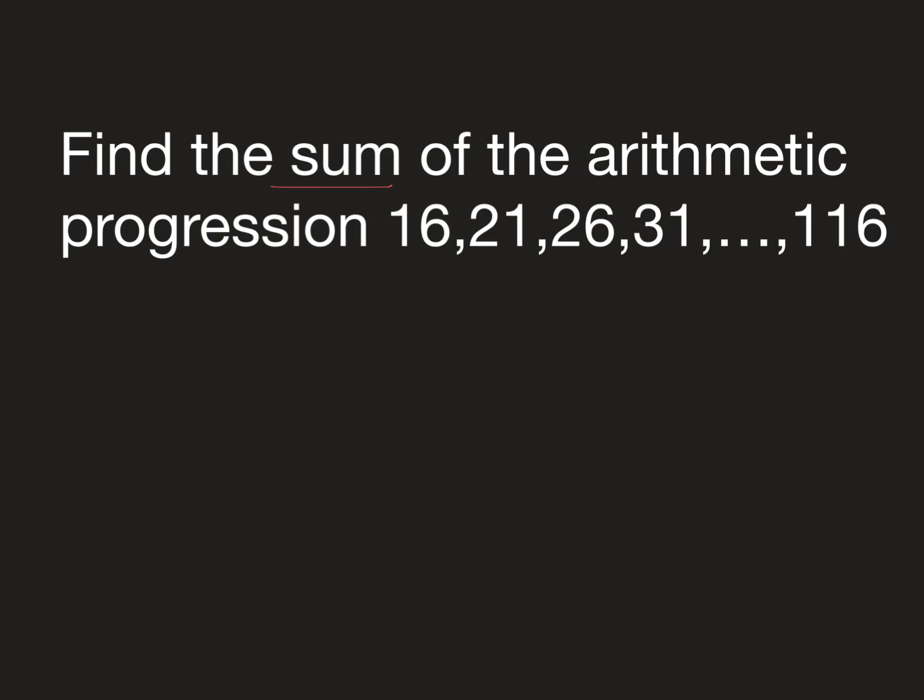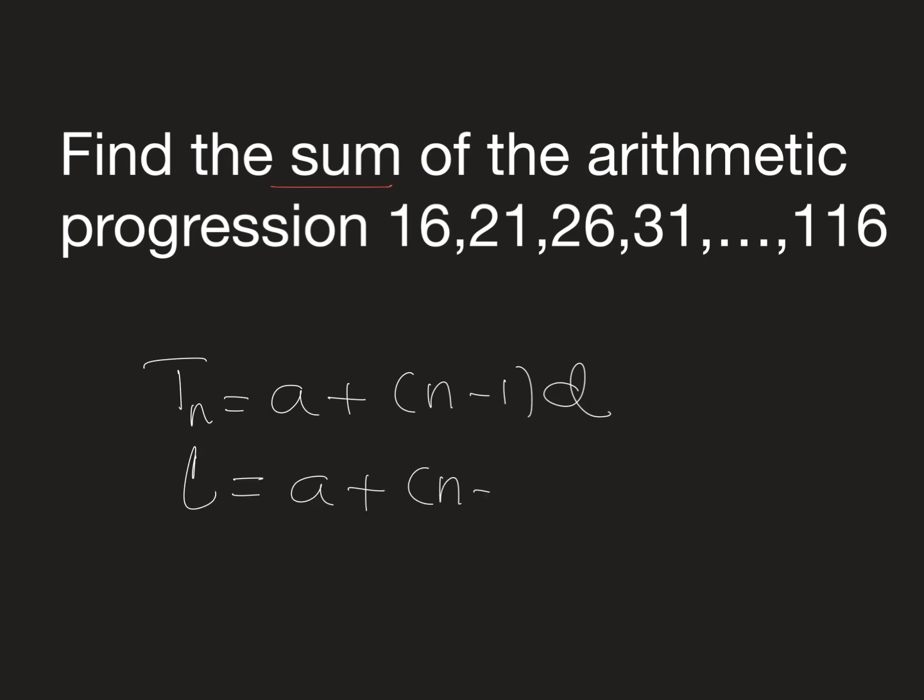And we can know that by using T sub n is equal to a plus n minus 1 times the difference. So the last term is 116. We know that. So using the last term, we will be able to know the number of terms in this sequence. So therefore, we can say the last term is equal to a plus n minus 1 times the difference.